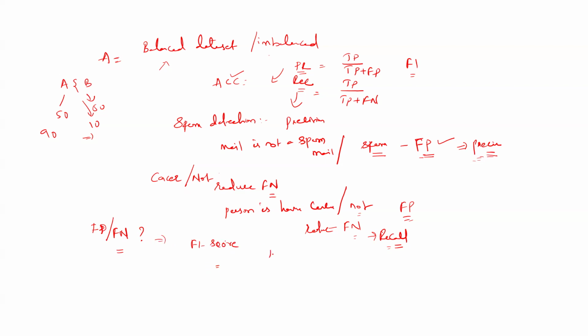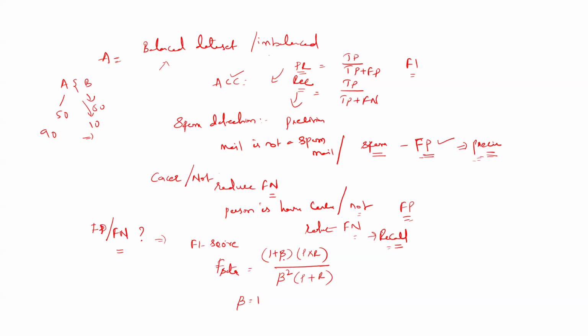The F beta score is nothing but (1 plus beta squared) times precision into recall, divided by (beta squared times precision plus recall).